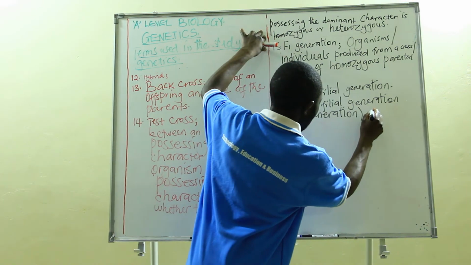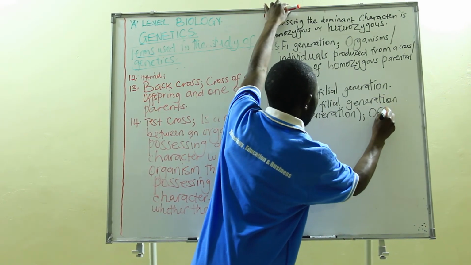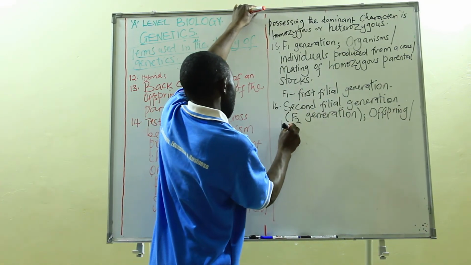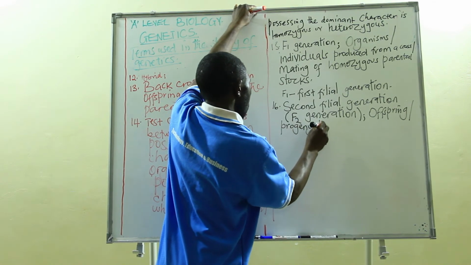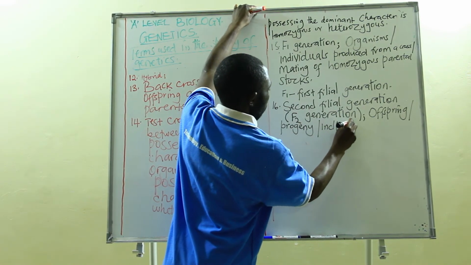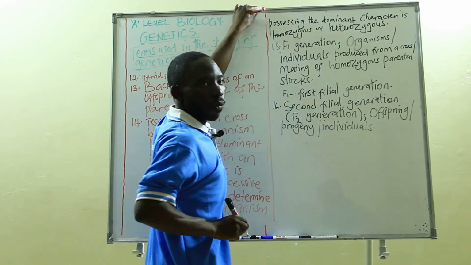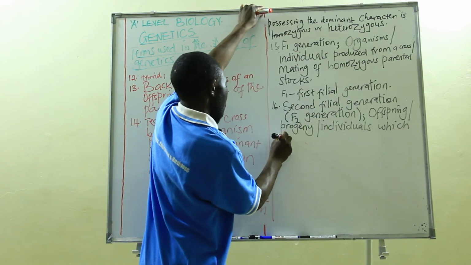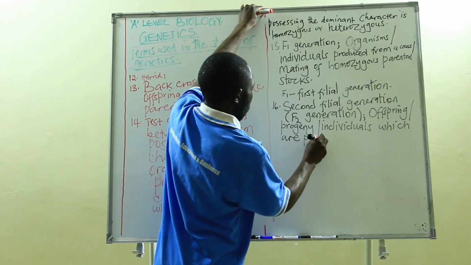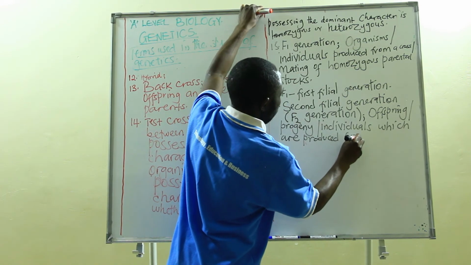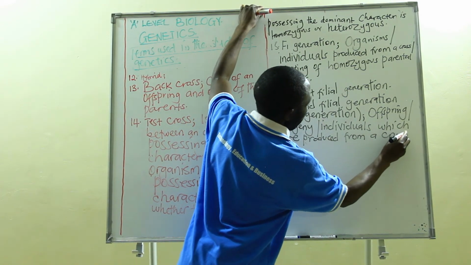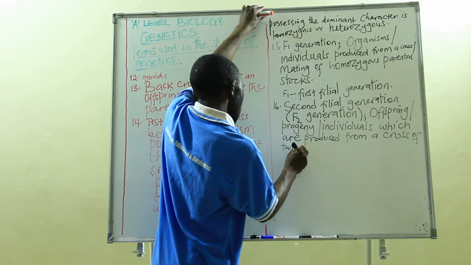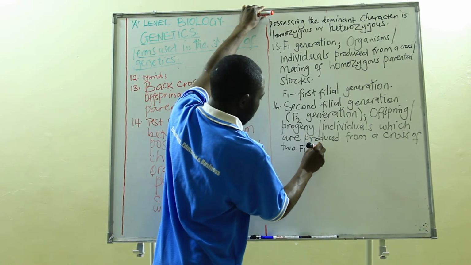We can say that these are offspring, or we can call them progeny, or individuals which are produced from a cross of two F1 organisms.